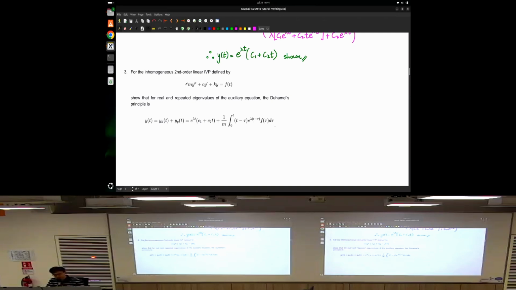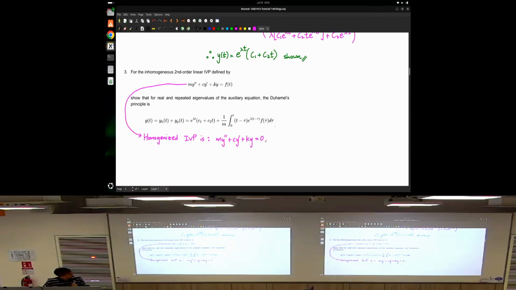So from here, you write down the homogenized IVP. The homogenized initial value problem means make this homogeneous. So just remove the f of t. So my'' plus cy' plus ky equals 0.